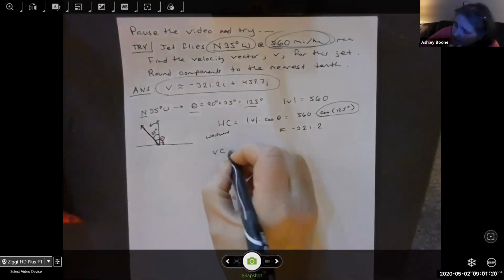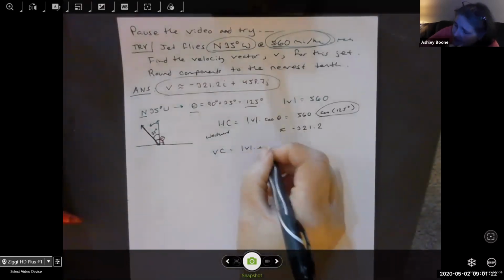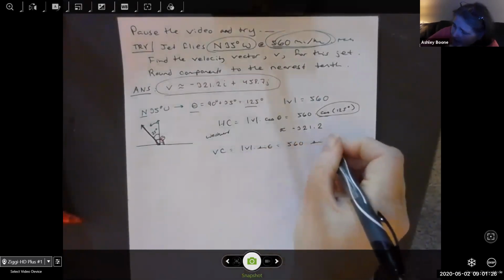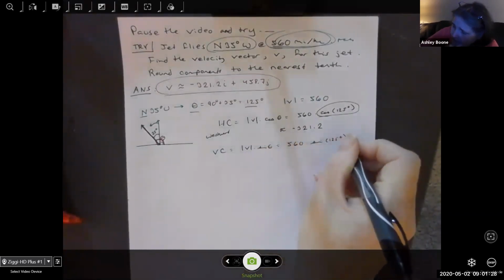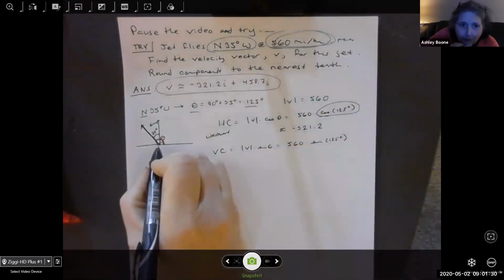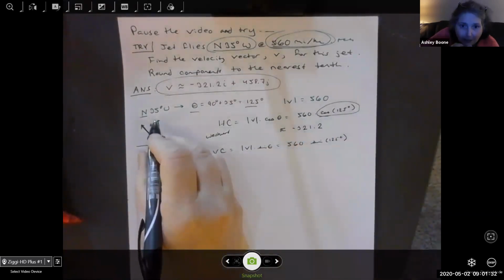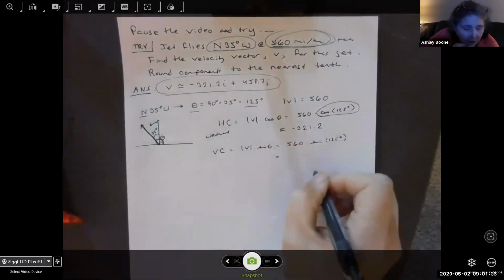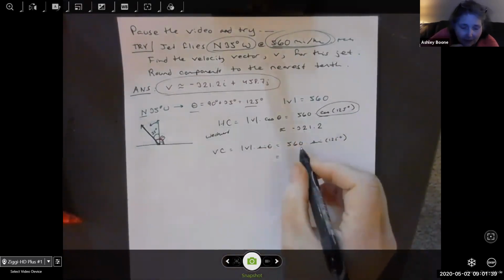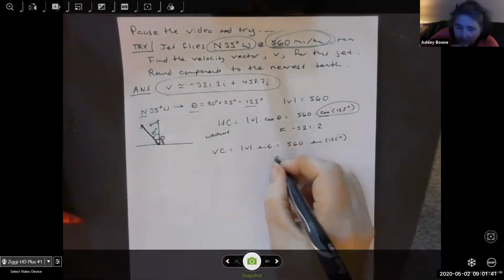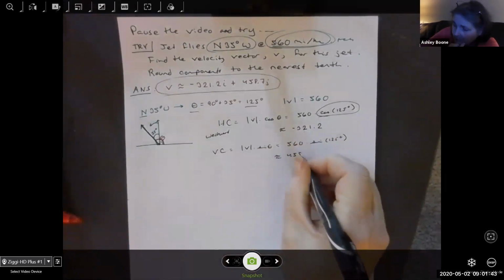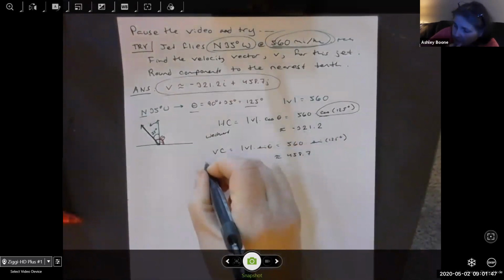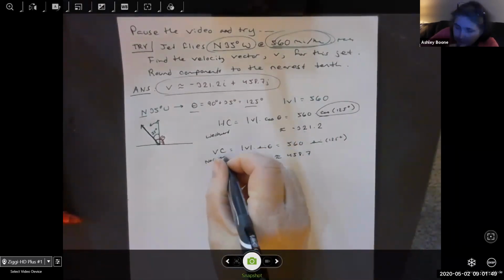Vertical component, magnitude times sine of the angle. So 560 times the sine of 125 degrees. Well, we're going northward. That should be a positive. If you went 560 times sine of 125 degrees, you should get approximately 458.7 positive. We're going upward. Notice we're going northward. Okay.